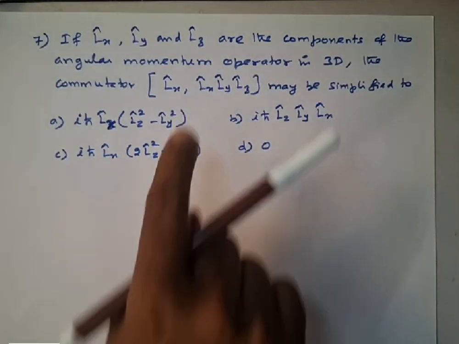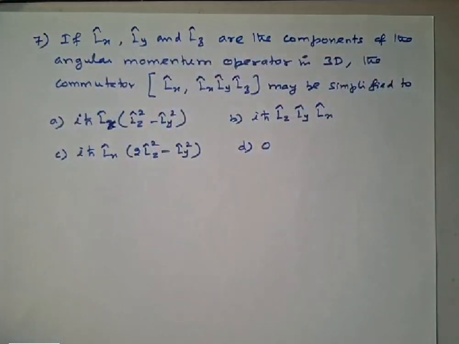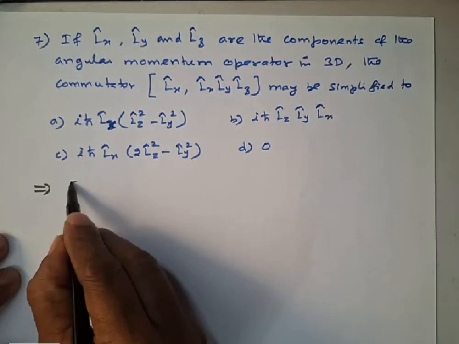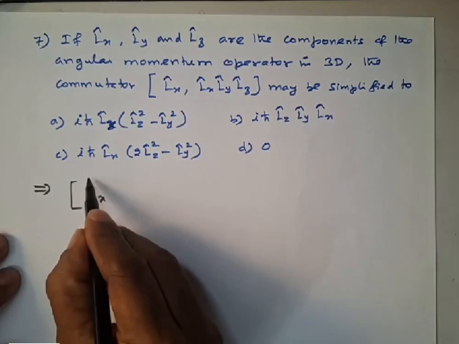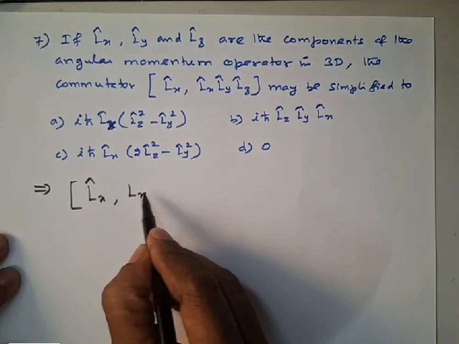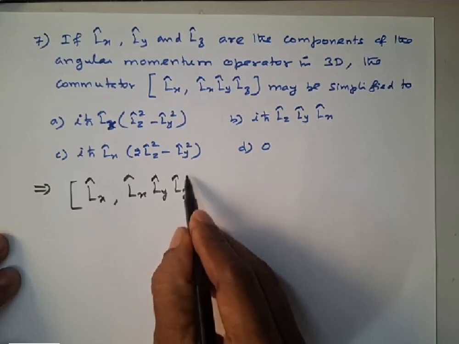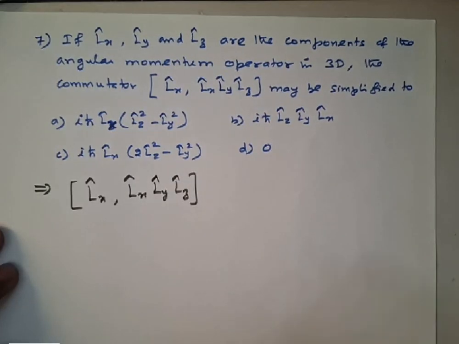We need to find out this commutator or the simplification of the commutator. How to do this? Listen, we know very well. What's the commutator they are asking? Lx operator comma Lx into Ly into Lz.